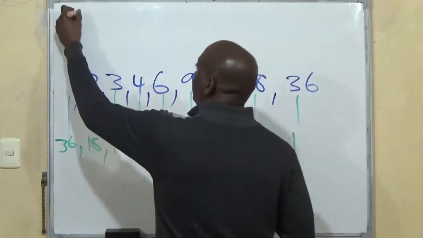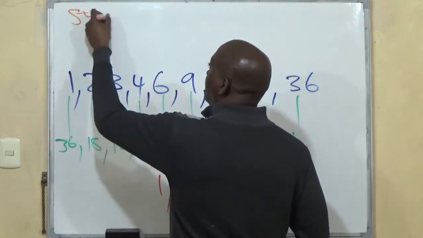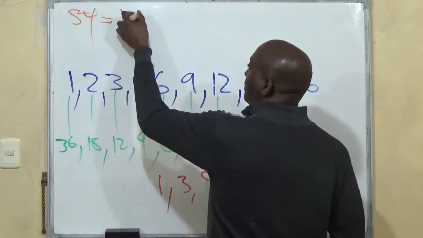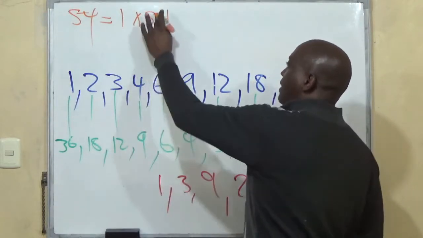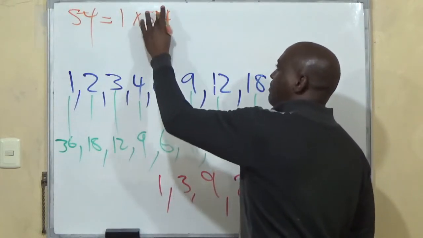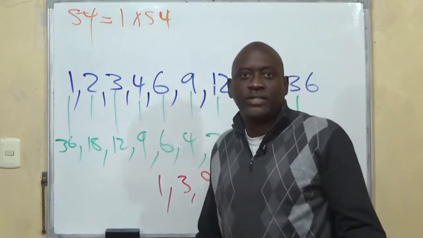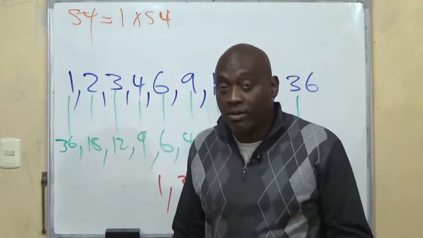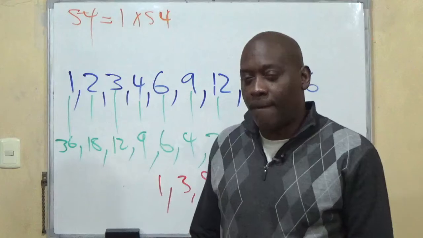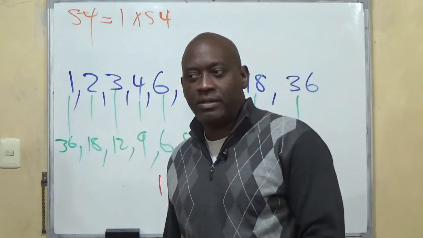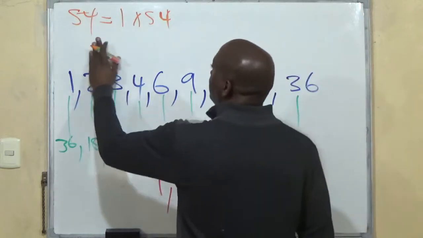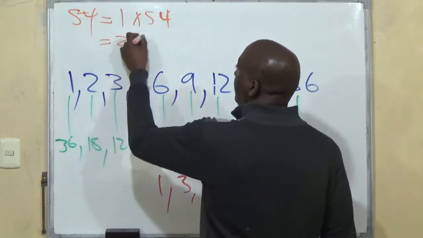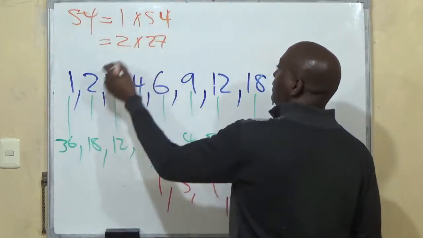So if we start with 54, and 54 is 1, the first factor, multiplied by what? 54. And of course, after 1 is what? 2. You try 2 and see. If it's an odd number, of course, 2 wouldn't work. But if it's an even number, then it will work. So 54 is what? 2 by 27.